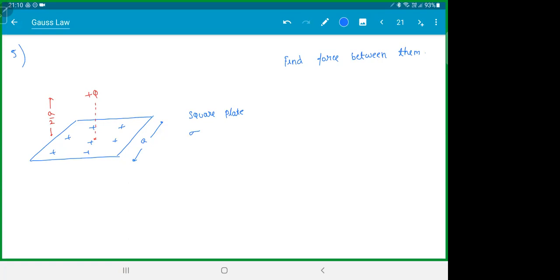What is the formula? Just now we derived sigma into flux passing through the surface. So you have to find the flux through the square plate. So somehow if you can find the flux, your job's done.